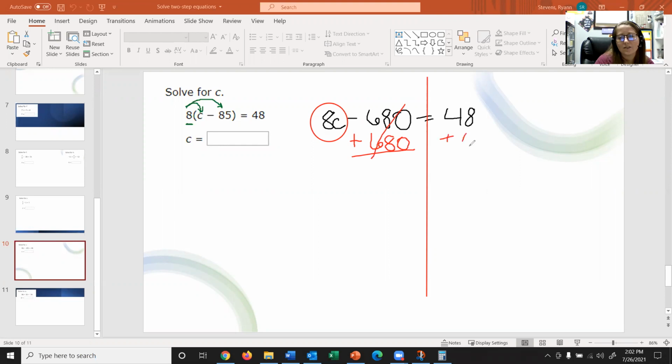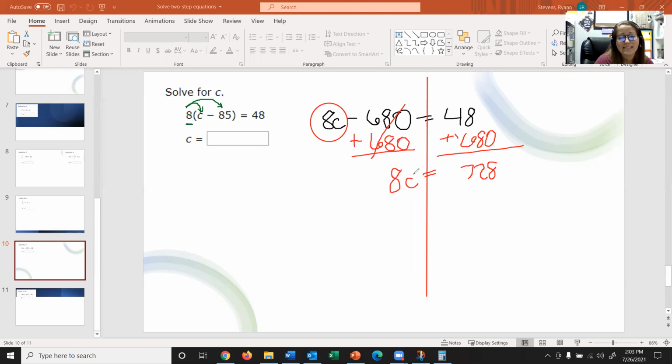We're going to add 680 to the other side as well. 8 plus 0 is 8, 4 plus 8 is 12, and this is going to be 728. Then we bring down our 8C, and that's our first step completed.